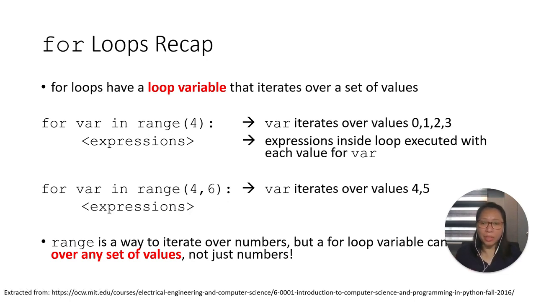But in Python, for iterates through a set of values using range, but it is not limited to just numbers or integers. So in Python, the for loop variable can iterate over any set of values, including characters.